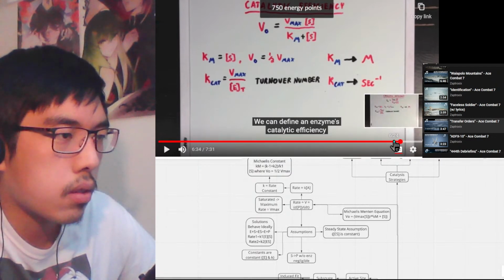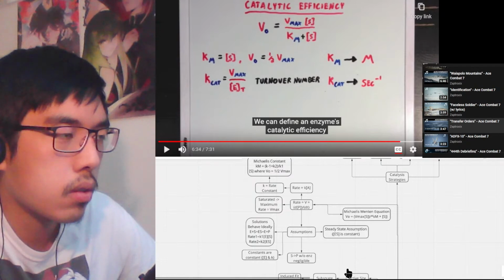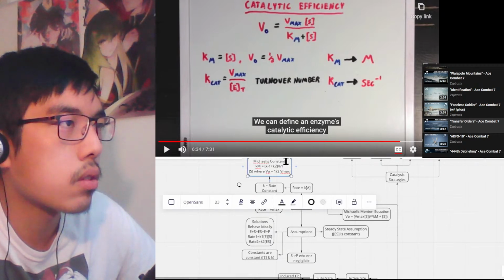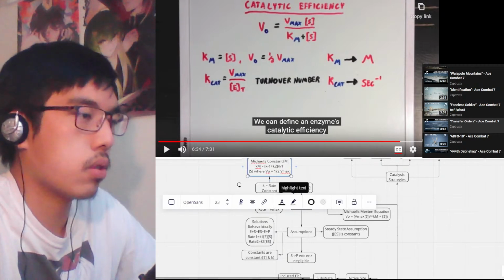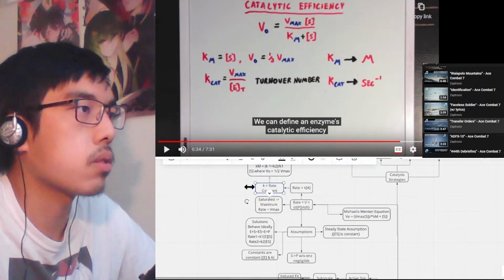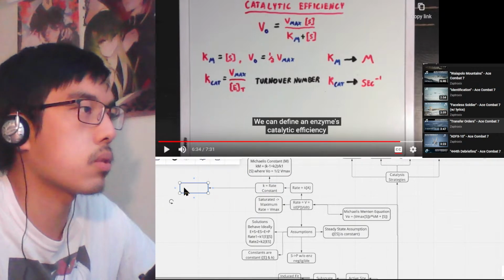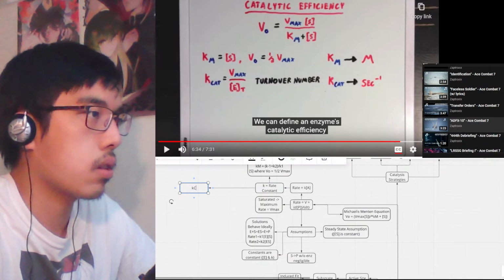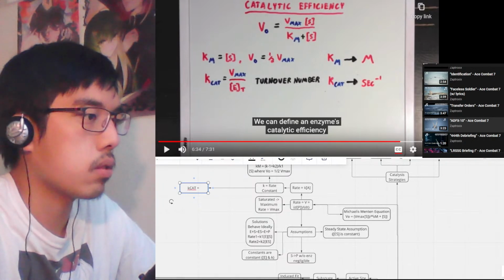Km, measured in moles. Okay. And then I want to include the Kcat, which is the turnover number. Kcat, Vmax.